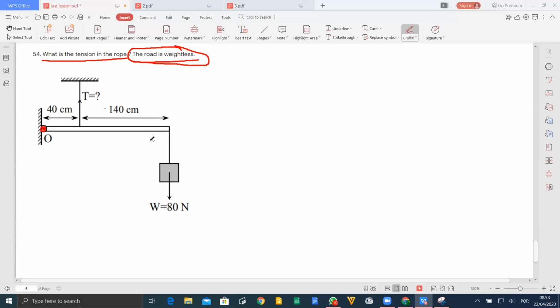And then what was the second condition? Total torque is equal to 0. This side, let's take as positive. This turn, let's take as negative. According to the effect of the force, it's better to indicate their signs.